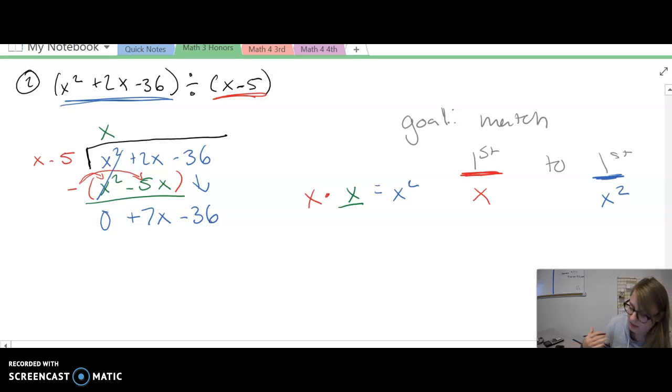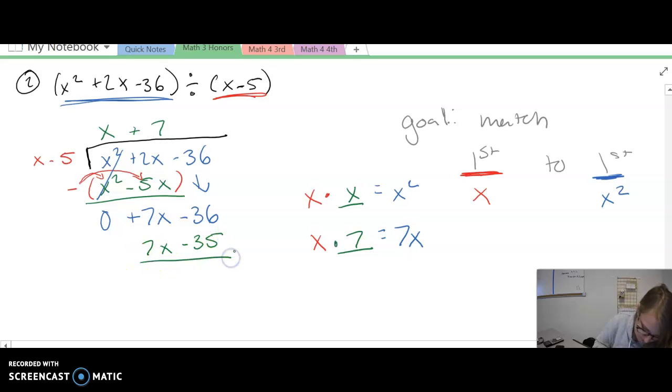All right, so now we have a new first term. So our new first term is going to be 7x. So x times what will give us 7x? Well, x times 7. So we have our 7 up top, so x times 7 is 7x. 7 times -5 is -35.